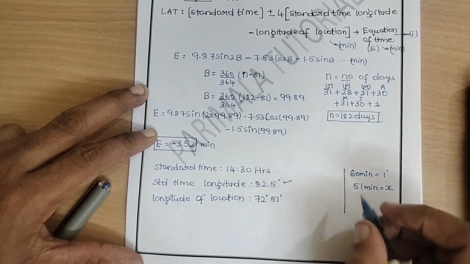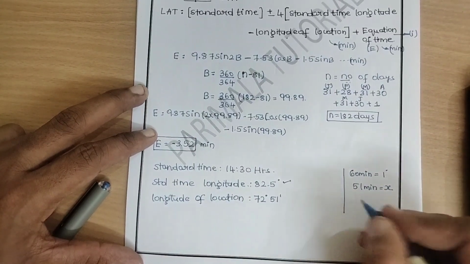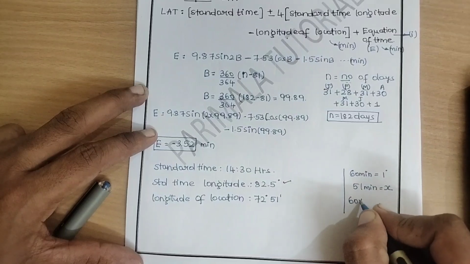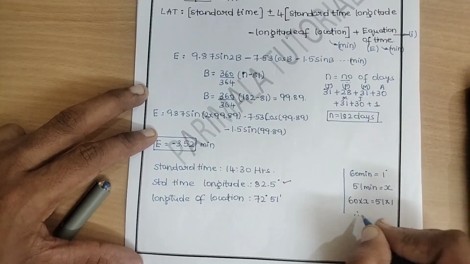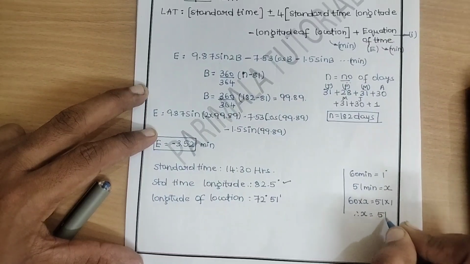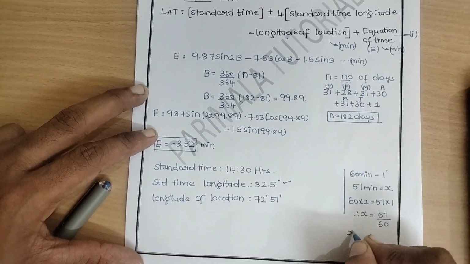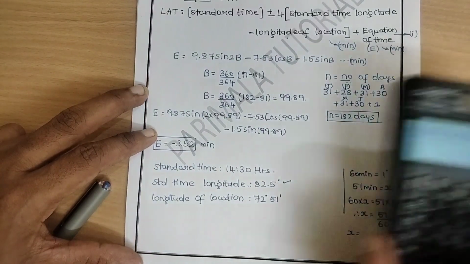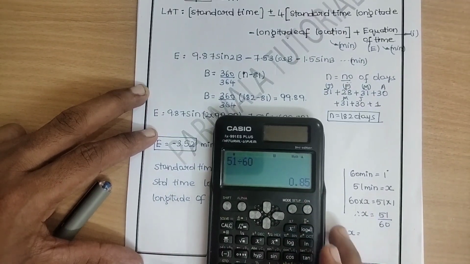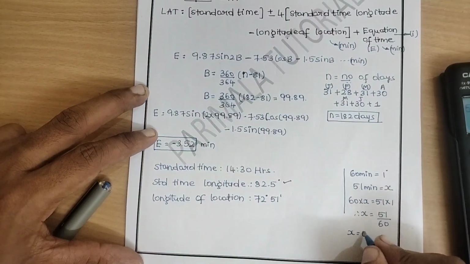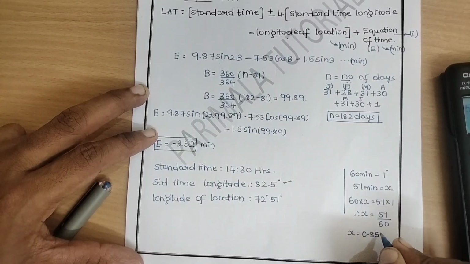I will call it x. So normal cross multiplication: 60 into x is equal to 51 minutes into 1. Therefore, x is equal to 51 divided by 60. Let us make use of a calculator. The value is 0.85, x is equal to 0.85.